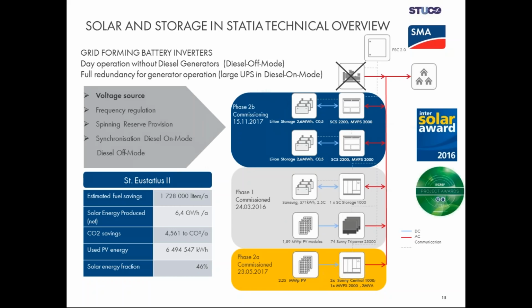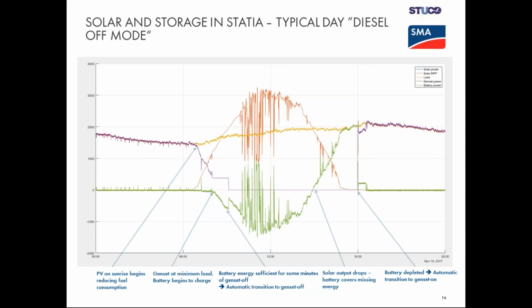Now I will show you how a typical day looks like. So we're starting at night. In purple, you see the power, and the power around 1.8 megawatt, which is completely provided by the genset in purple.